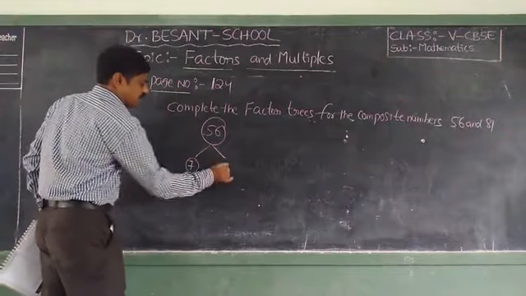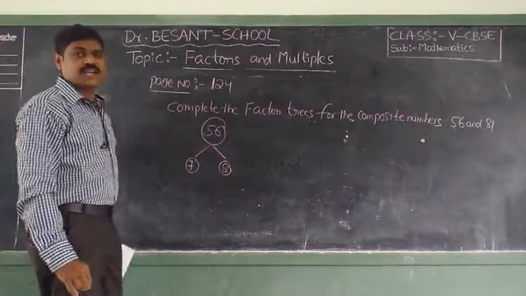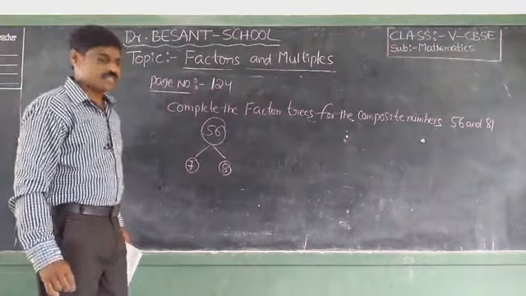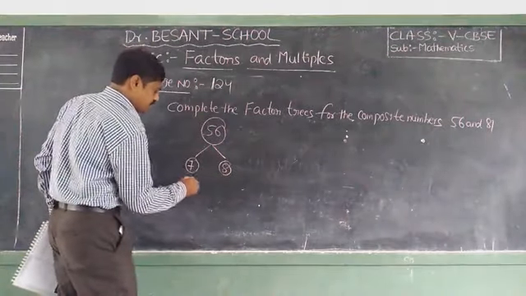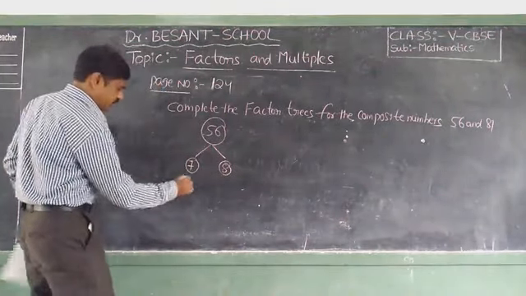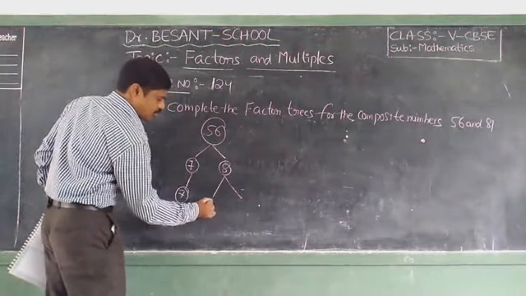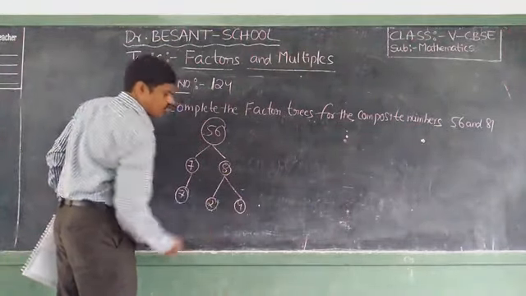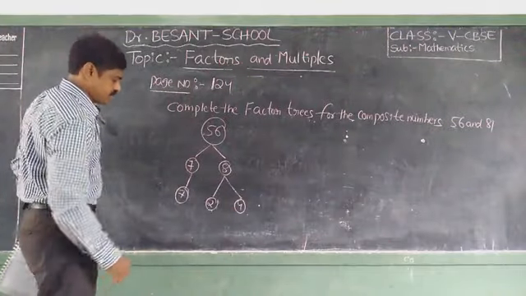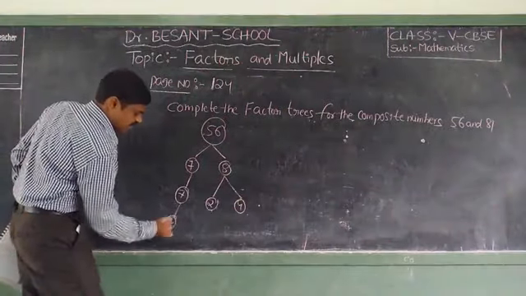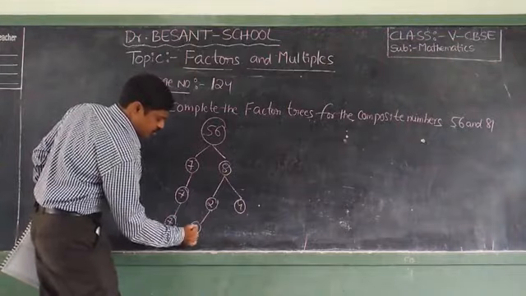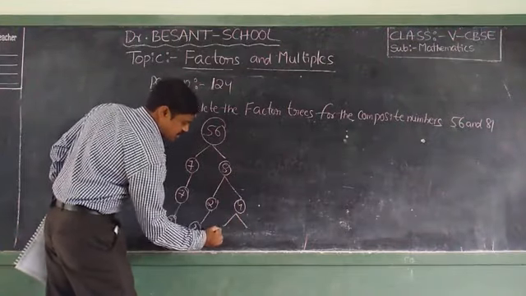We know that 7 8s are 56. Next, this is 7 only. You have to continue 7. This is 2, 4 2s are 8.